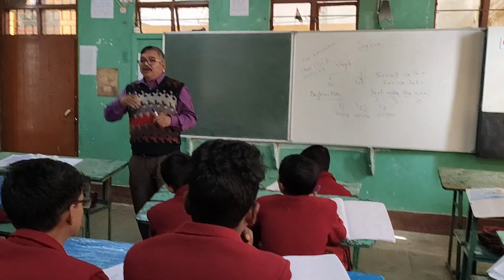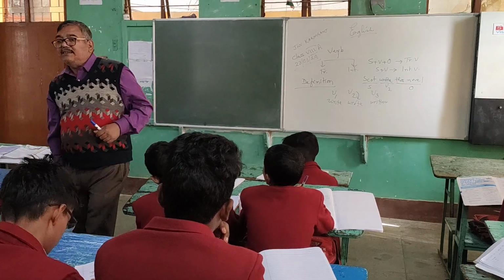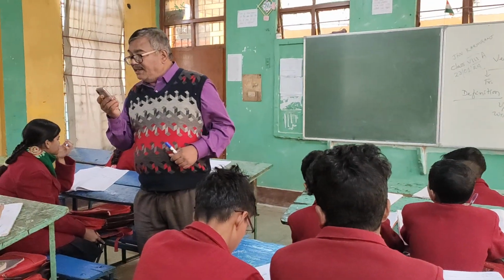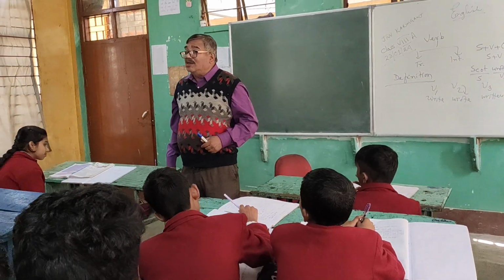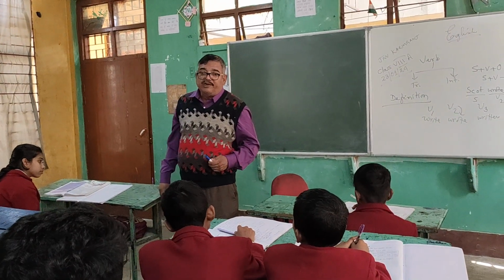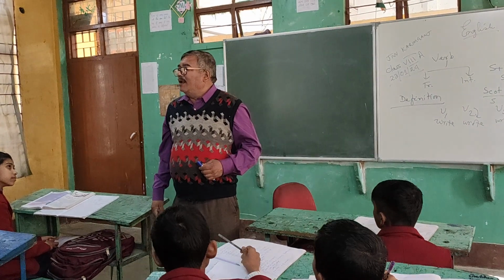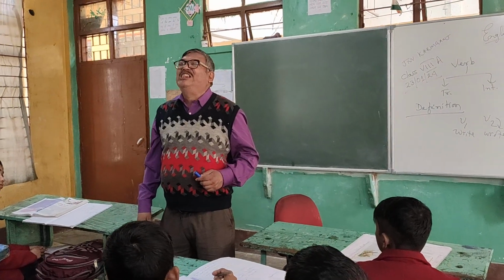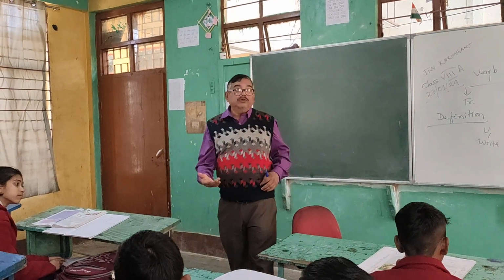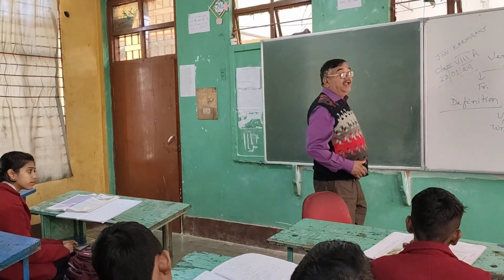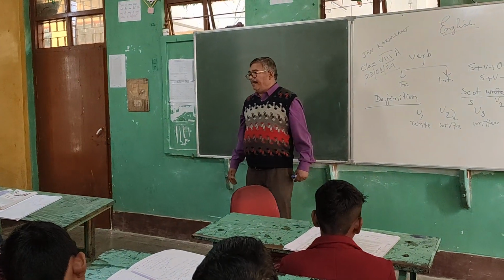Okay. So, when I am taking your class, then I am imparting education. When I am taking your class, I am delivering lecture in front of you. That means I am imparting education. Okay? And you students, what are you doing? You are receiving that.